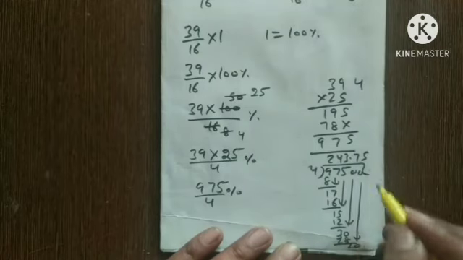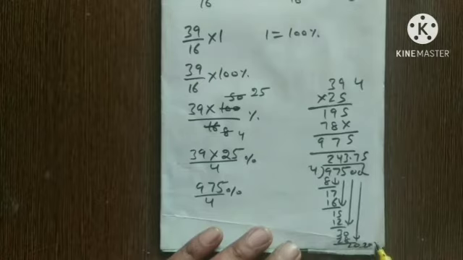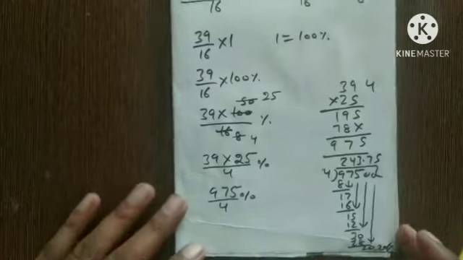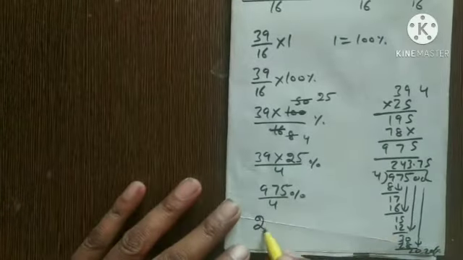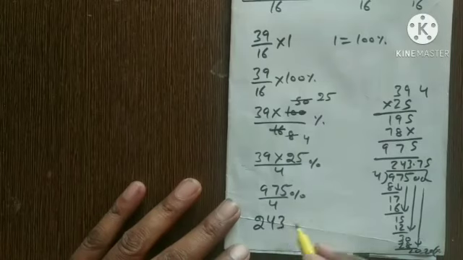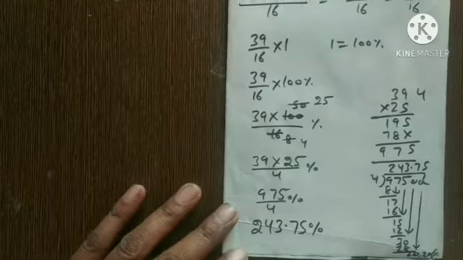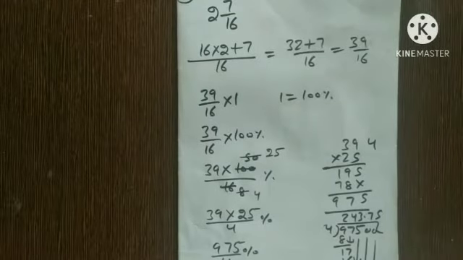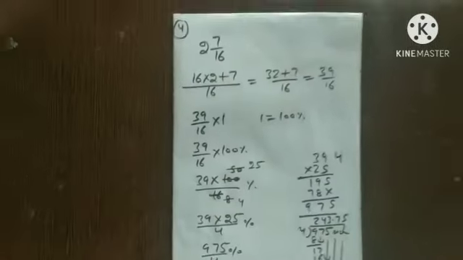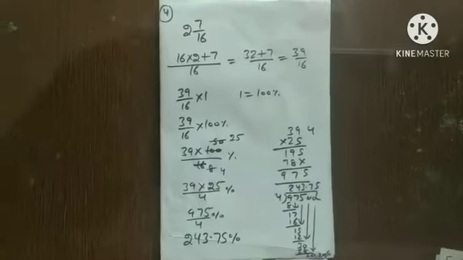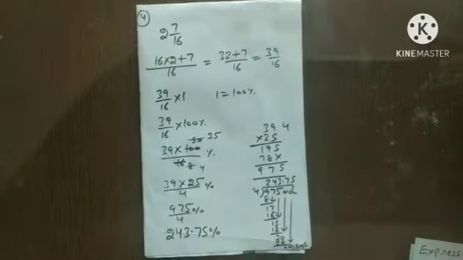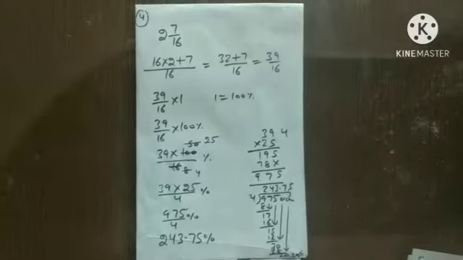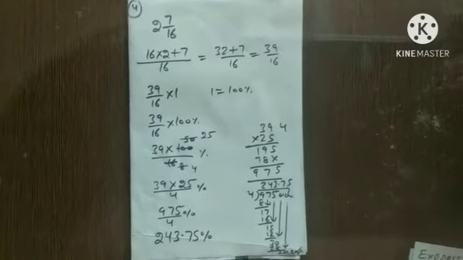So 4 5s are 20, minus 20, so it is 0. The remainder is 0. So on dividing I get my answer to 43.75%. So student, I hope you have understood this question.